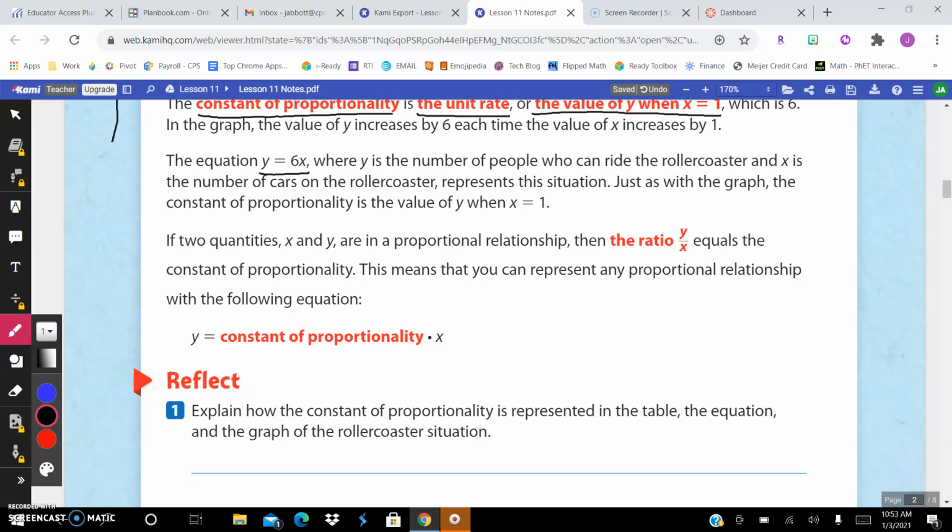If 2 quantities, x and y, are in a proportional relationship, then the ratio of y over x equals the constant of proportionality. So you want to write this down: y over x equals the constant of proportionality.